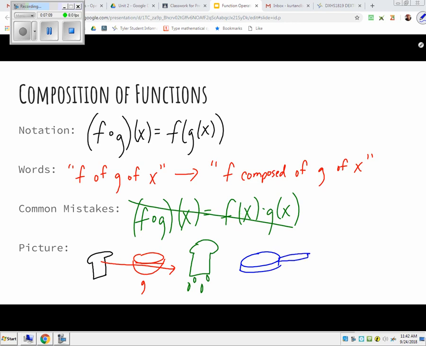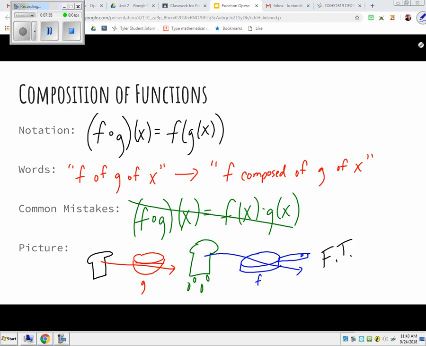Someone last hour said it looked like a turtle. I don't know, maybe that's a skillet. And so I throw the bread into the skillet, cook it, and then boom, out pops delicious French toast. I love French toast, one of my favorite breakfast foods. And so me throwing it in the skillet right here would be my f function.